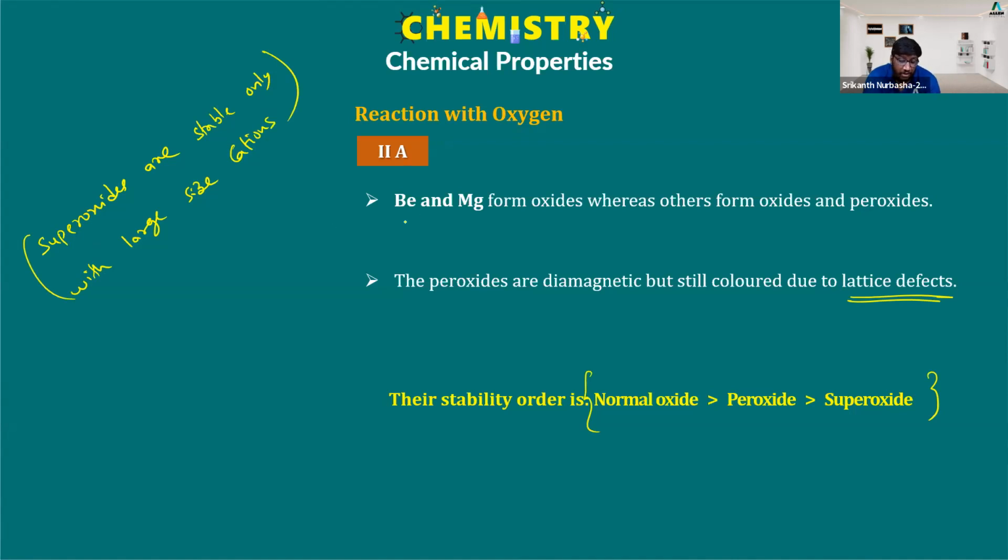In 2A, beryllium and magnesium form only oxides, whereas others form oxides and peroxides. That means in 2A superoxides are not generally formed because of their small size. Superoxides also have electronic repulsions. Right? This is the order of stabilities.